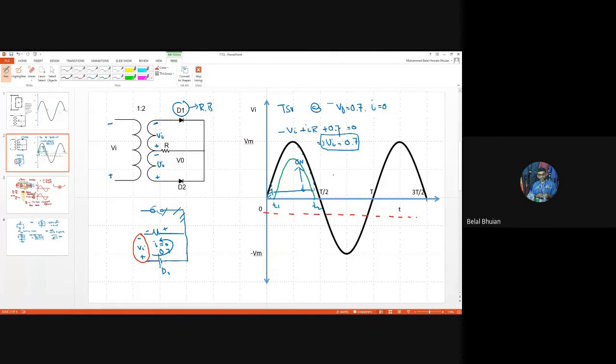I know I am in the negative half cycle, not the positive half cycle. So whatever value I draw here, it should be Vi is equal to minus 0.7. But when you write it, it should be again. We're going to T3, T4. Okay.